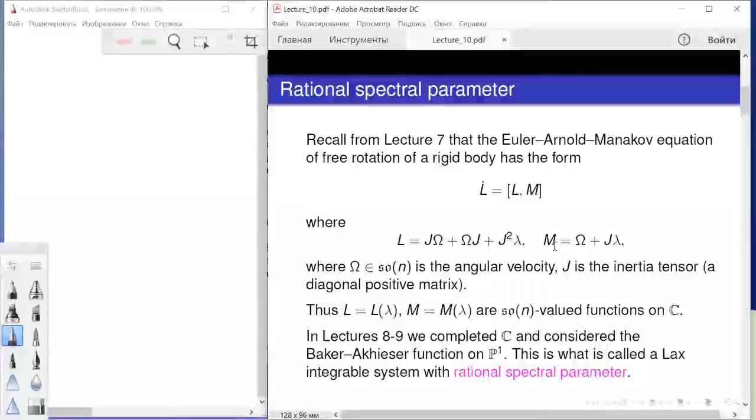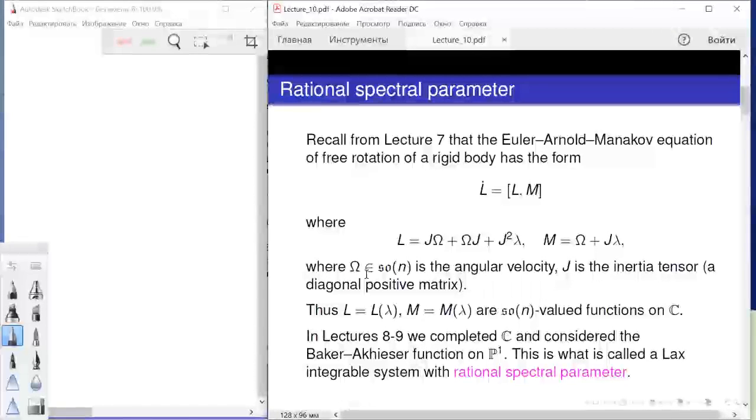where L and M are expressed via 2 other operators, omega and G. Omega is a skew-symmetric matrix of dimension n, and is called generalized angular velocity or just angular velocity, and G is the inertia tensor.